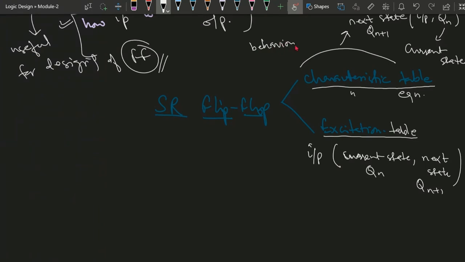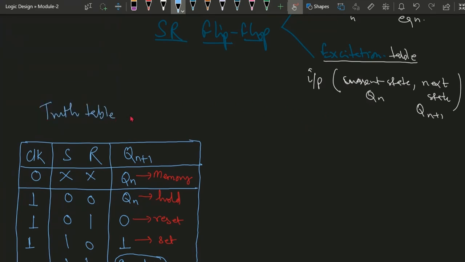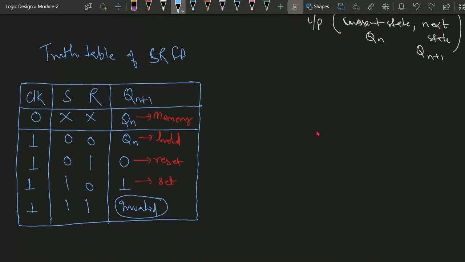We have already seen the truth table. Based on the truth table only we will be able to draw the characteristic table. So this is the truth table of the SR flip-flop, and next we need to draw the characteristic table.